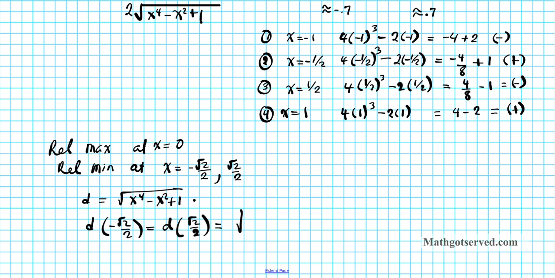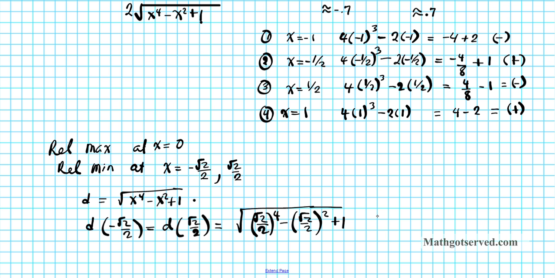Alright, so let's plug it in, since we're going to get the same thing. It's going to be the square root of root 2 over 2 raised to the 4th power minus root 2 over 2 raised to the 2nd power plus 1.